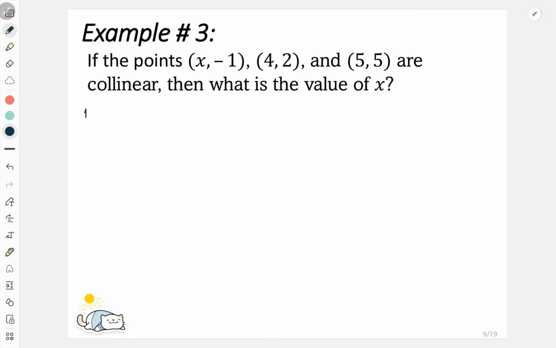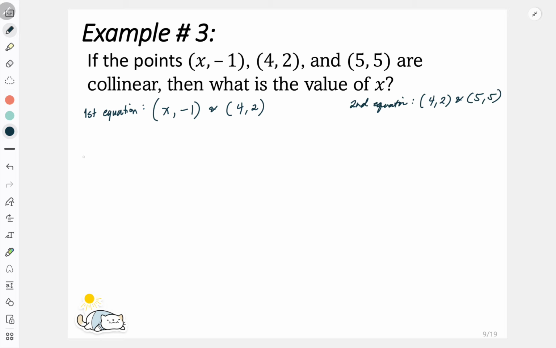For the first equation, we can use the points (x, negative 1) and (4, 2). And for the second equation, we could use (4, 2) and (5, 5).